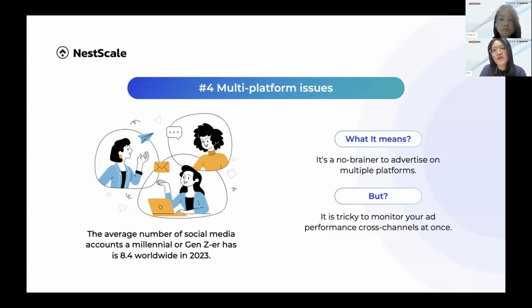So it's a no-brainer that you should run your ads across various channels. But imagine switching between 8 different tabs all at once, then getting all the metrics mixed up together. That's horrible. So if you choose to run ads on more than one channel, you'll have to centralize the data yourself, and that is going to take a lot of time and effort, and not to mention certainly more prone to human errors.